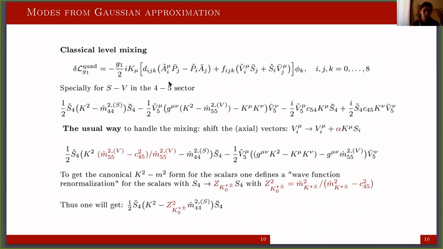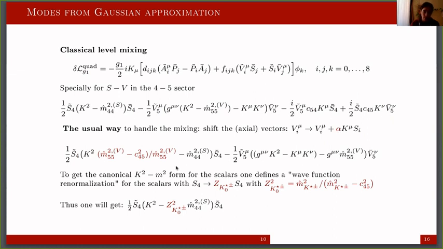I show an example for the scalar-vector mixing, which is actually the scalar and vector chain. One can see that there are scalar-vector mixing terms and the usual terms for the vectors and scalars with the inverse propagators. So the usual way is to make this shift in the vector fields. With this, one can get rid of the mixing terms.